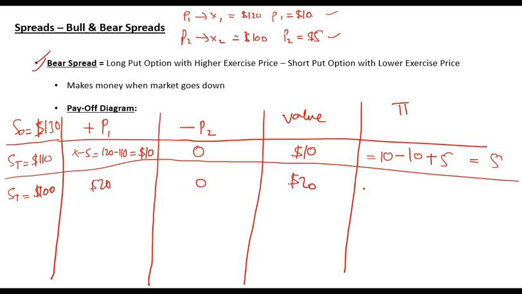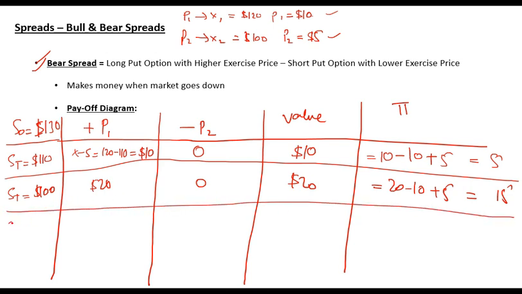Total value 20 and profit $15. Let's say it goes to $90. So what is the benefit from the first put option? From the second? Minus 10. Why minus 10? Because you have sold this put option, so value will be negative. Total value will be 20 minus 10, and profit will be 20 minus 10 minus 10 plus 5, which is 15.